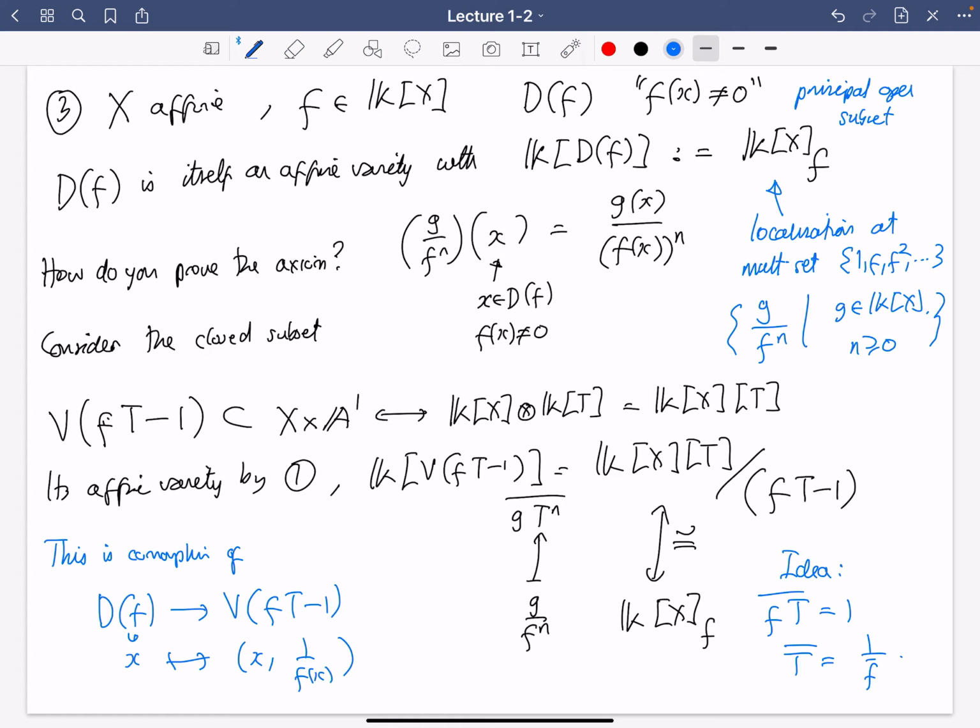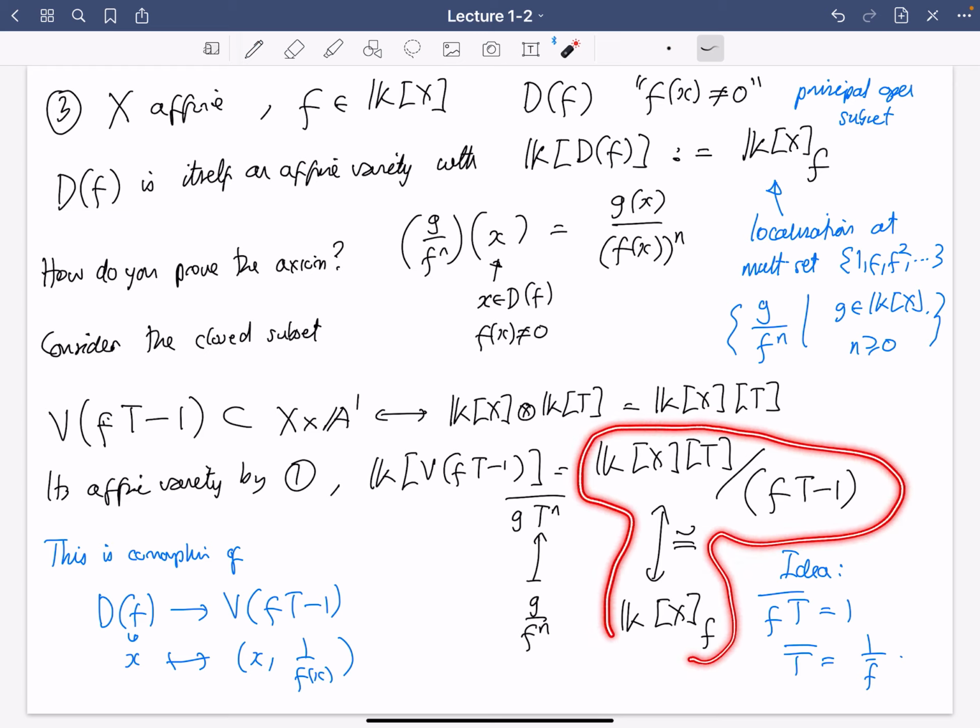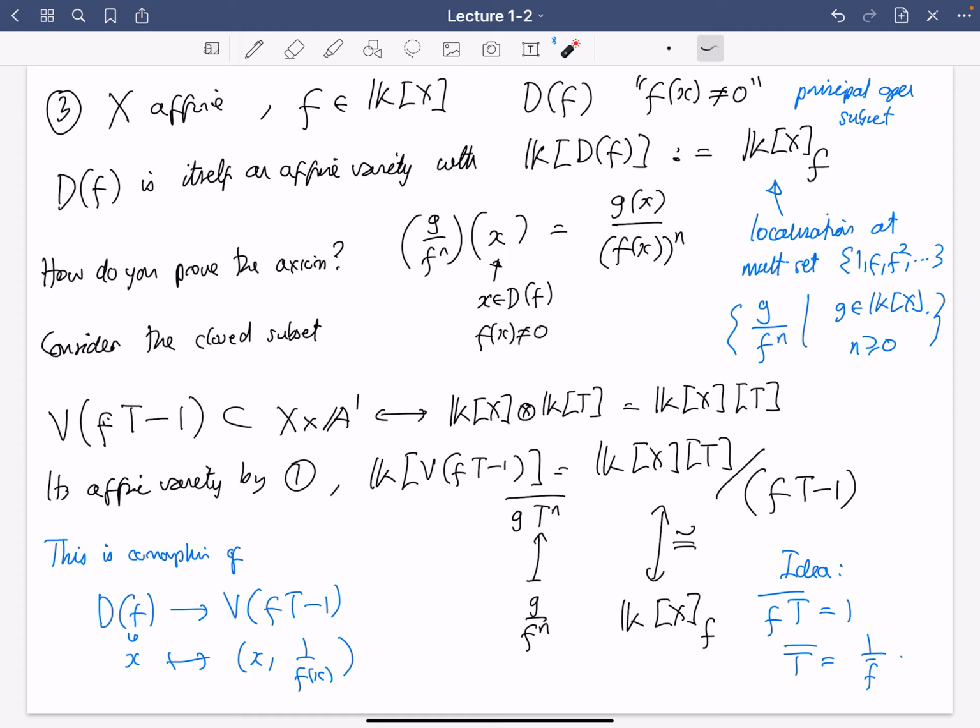And so that's just a bijection between those two sets, the comorphism of that exactly corresponds to this algebra isomorphism. So since the comorphism is an isomorphism, this is just an isomorphism of affine varieties, and at the same time this is proving that my definition of D of f, with the coordinate algebra being the localization, satisfies our axiom of affine variety.